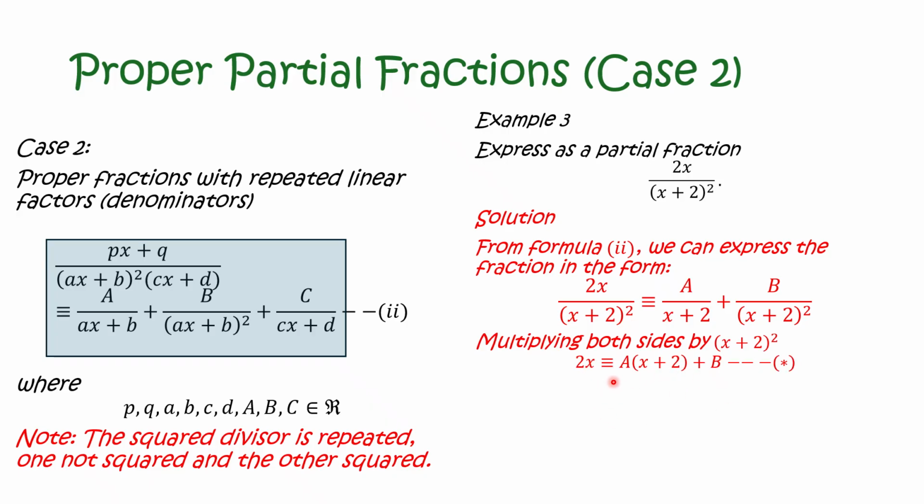In doing so, we are going to have 2x being equivalent to A times (x plus 2) plus the capital letter B. Let's label this equation star because we would refer back to it in solving for A and B. So we know that we can actually eliminate A by setting x equal to minus 2 and substituting it into equation star. In so doing, we are going to get 2 times minus 2 is equal to capital letter B, and that B becoming minus 4.